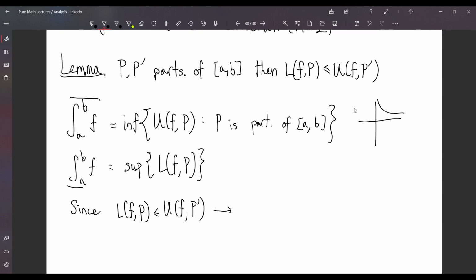And so there is a result, I think we have proved this earlier, that this essentially implies that the lower integral of f is less than or equal to the upper integral.